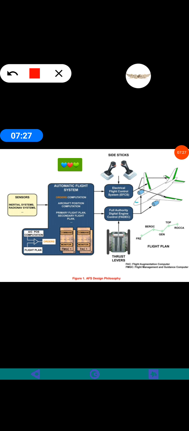So if we say the autopilot 1 system, it has two computers, one FMGC and one FAC. They combine to make auto flight control system number 1, and FMGC 2 and FAC 2 make system number 2. Now we discuss that only one system is enough.